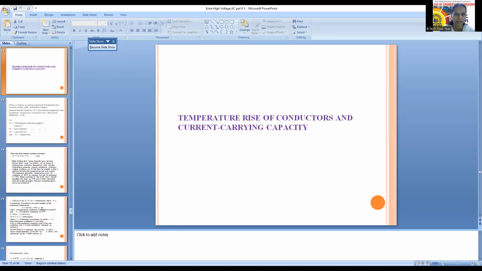The four terms Wi, Ws, Wc and Wr depend on several factors: temperature, conductor dimensions, wind velocity, atmospheric pressure, current, resistance, conductor surface condition, etc.